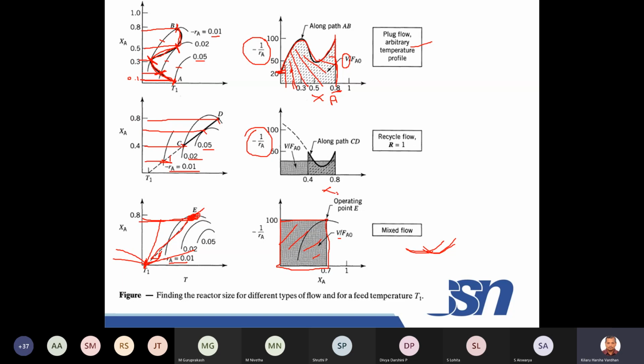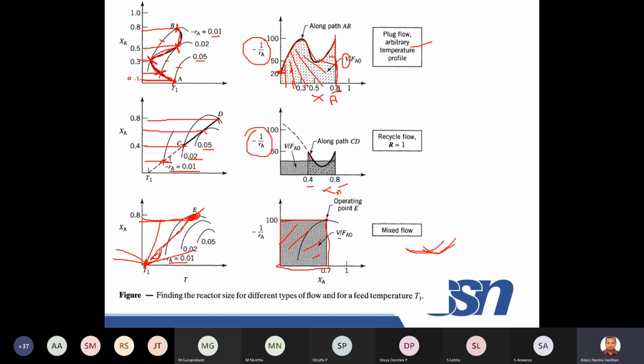You draw XA here and minus RA. If you draw the curve, it comes like this. Now you see 0.4 and 0.8. This is the maximum conversion you want, and this is the conversion where it is being done. Along this path, the entire area is the area required for the recycle reactor.